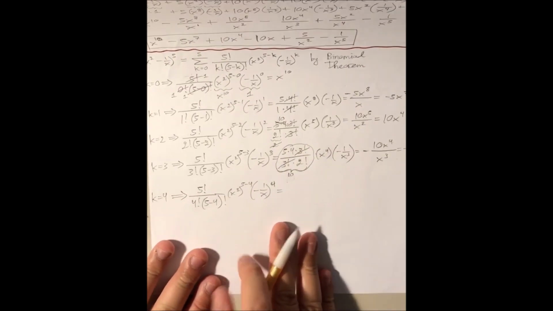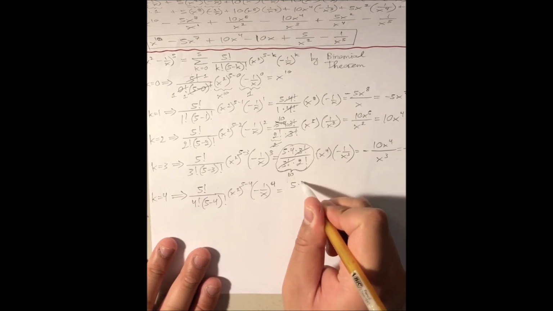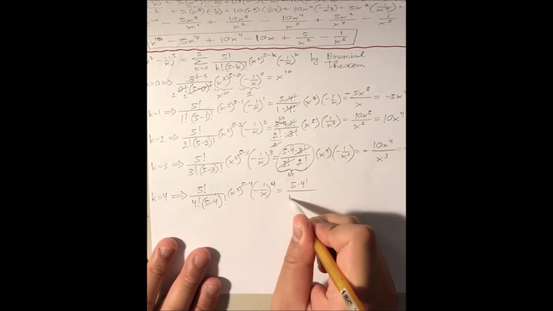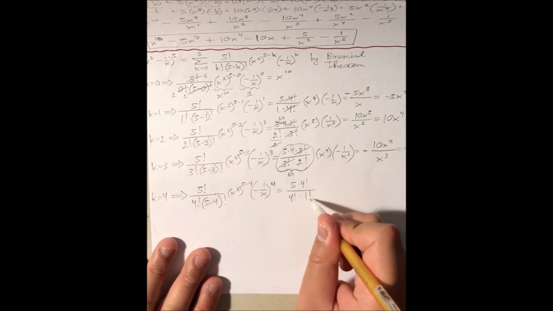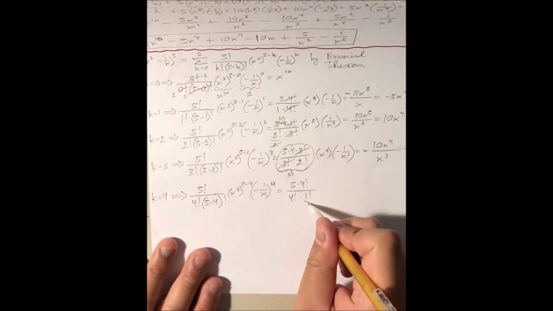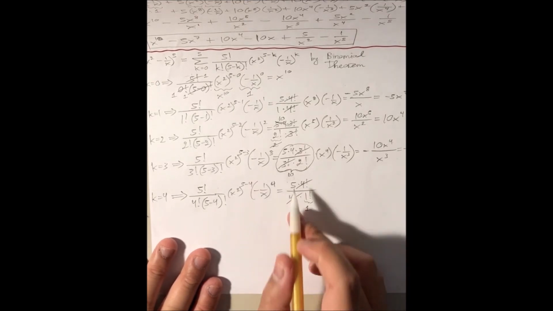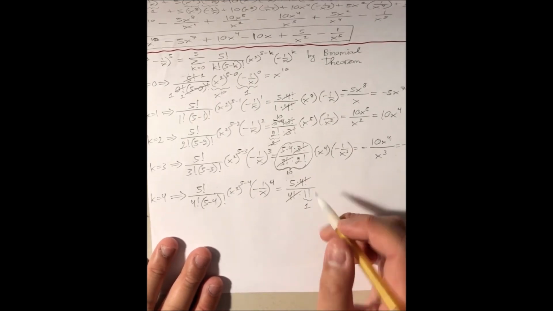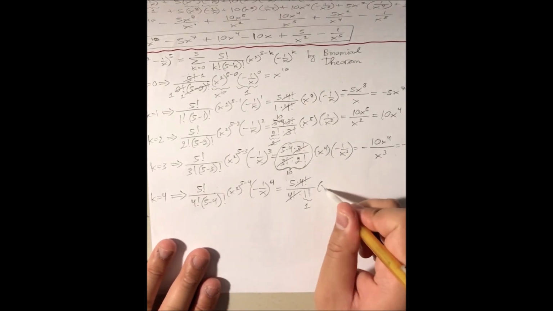Well, let's see. I'm going to rewrite this combination as 5 times 4 factorial over the product of 4 factorial and 5 minus 4, which is 1, so this is 1 factorial, which is just going to be positive 1, by the way. 4 factorial cancels out, so we got 5 over 1, which is just going to be 5. 5 minus 4 is 1, x squared raised to the 1st is going to be x squared itself.